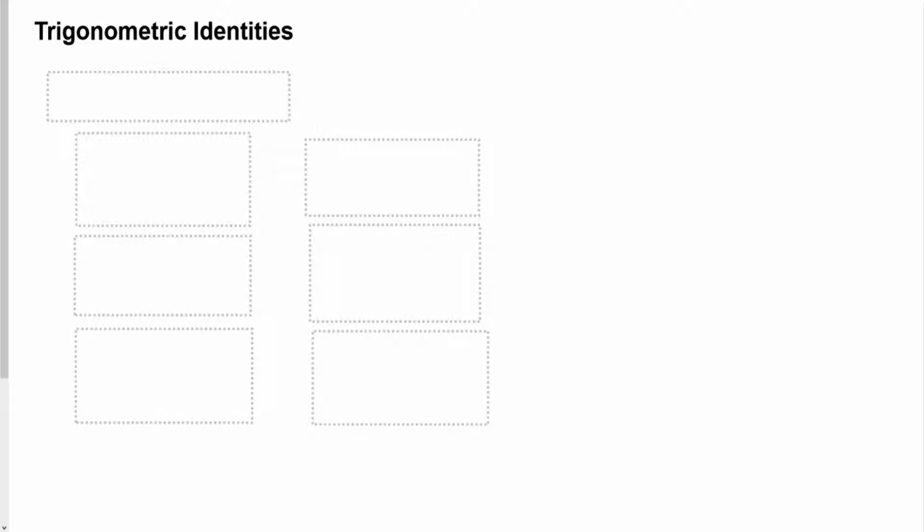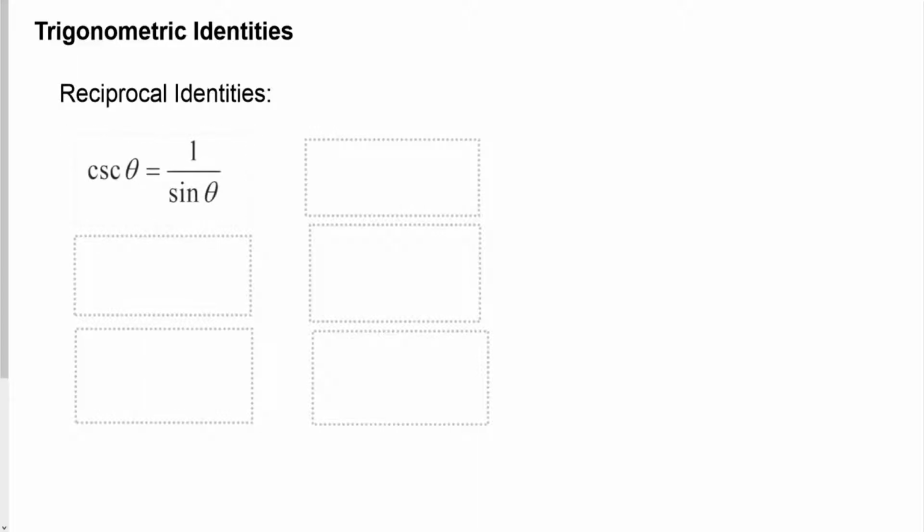Now, identities. We're going to have a lot of identities in trig class, and we're starting with a few today. The first that we're going to begin with are called reciprocal identities. We've seen this already. We know that cosecant of theta is just 1 over sine theta. That's a reciprocal identity.